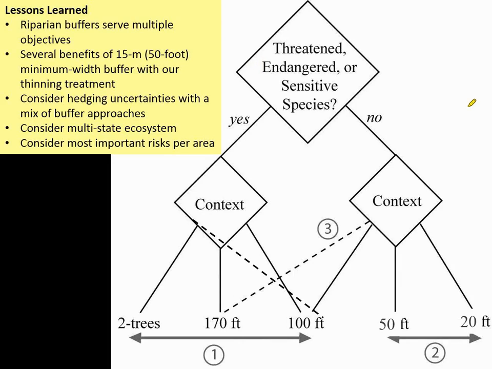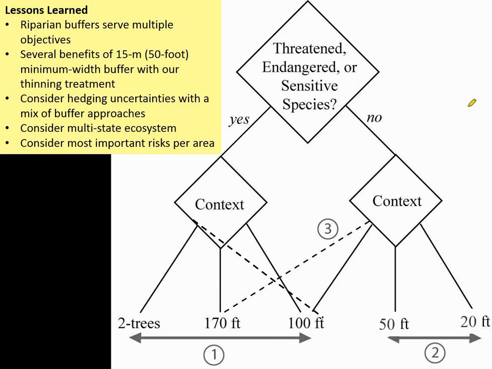So the lessons learned: riparian buffers serve multiple objectives, and we've seen a lot of benefits of a 50-foot, a 15-meter buffer in our particular study. Other studies have come up with some different answers, however. Hedging uncertainties is probably a good thing across a broad landscape, but do consider that our aquatic system is multi-state.